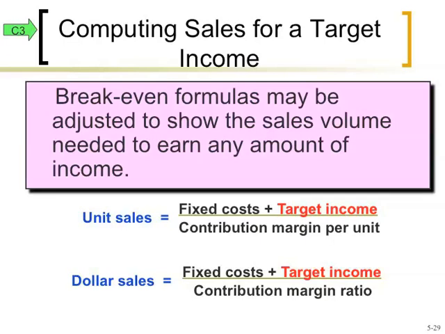So if we now go to slide 29, we can take this out another step beyond. While we do need to know the break-even formula, for most businesses, this is not acceptable. We all want to be profitable.